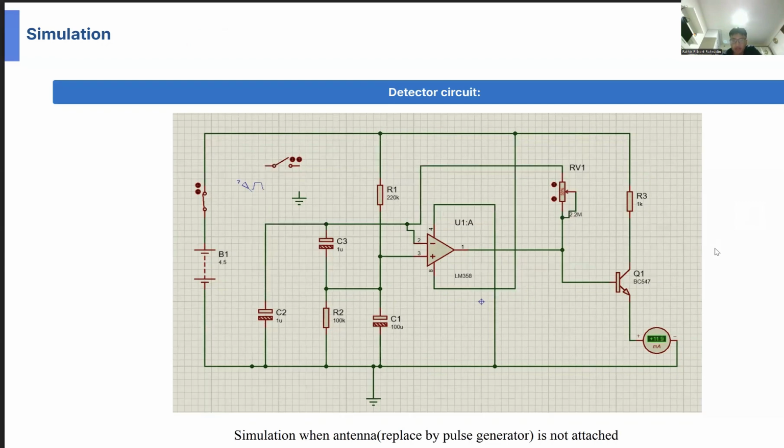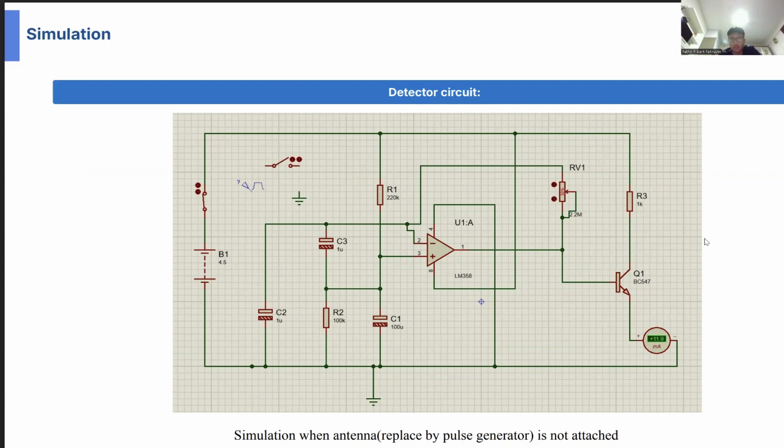And then there's a comparator that we use for the switching mechanism. The negative input of the op-amp acts as the Vref, and the positive acts as the Vin. The node that is connected to the negative input of the op-amp is connected to the antenna.